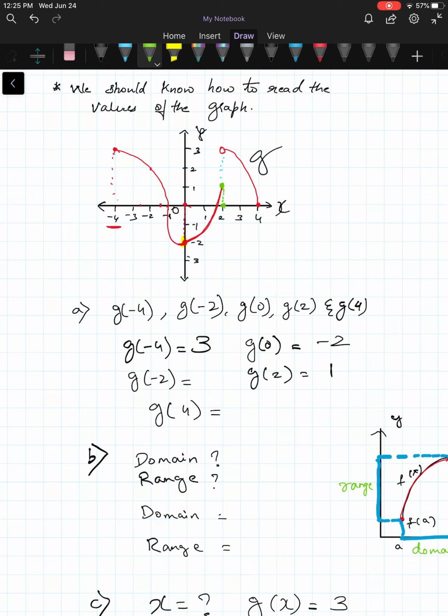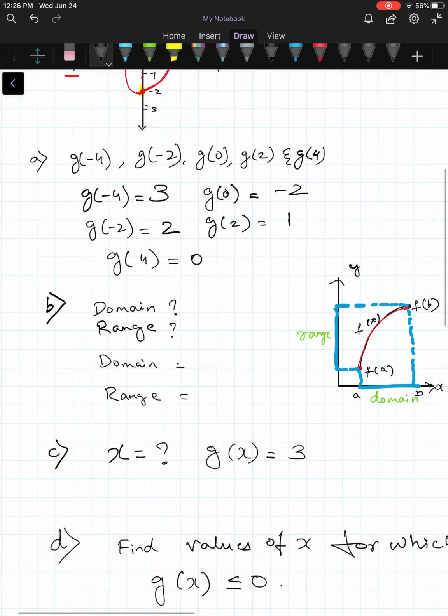If you do the same, here is -2, go above, you have +2. So G of -2 is 2, and G of 4 is here. G of 4 is touching the x-axis, that means y is 0. So G of 4 is 0.